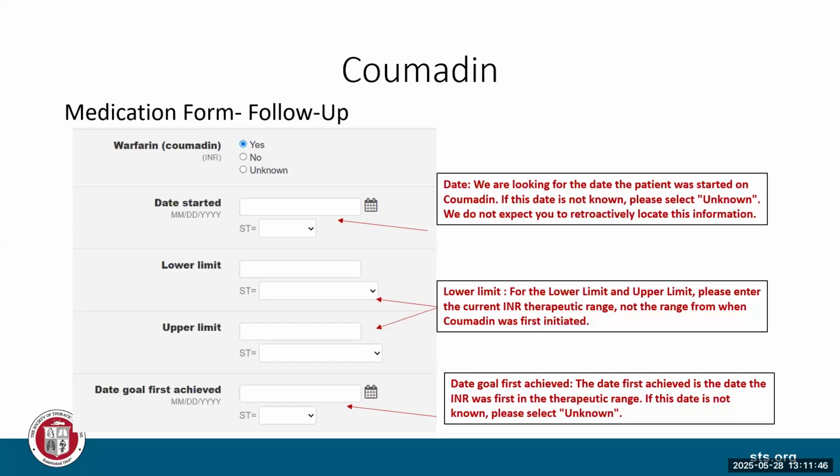Yeah, I'm just thinking out loud, and so if the goal is 2.5 to 3.5, then yes, we do want the date the patient was now in the current range. Would you agree, Nancy? Yes, I agree. Okay, because we're talking about the goal, and if the goal is 2.5 to 3.5 and they're now 2.8, we want to know what that date was.